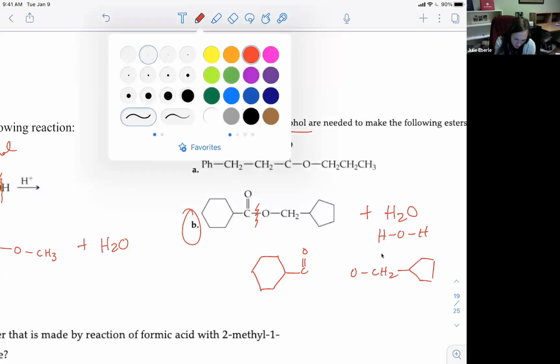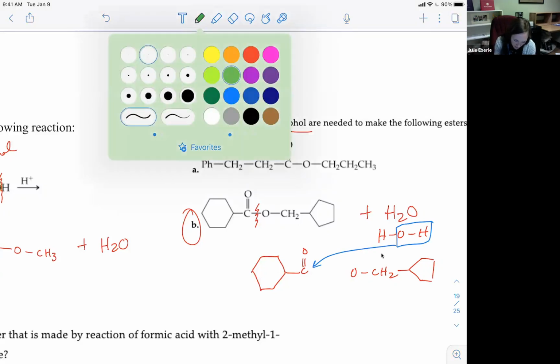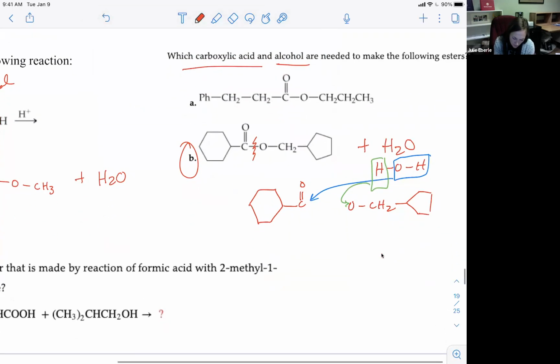This part in blue is going to go right there. This part, let's see if you can see green, is going to go back onto the alcohol. So when we do that, we get OH there, and we just restore the alcohol. So this is the alcohol. We remade our alcohol and we remade our, I'm going to abbreviate, carboxylic acid.